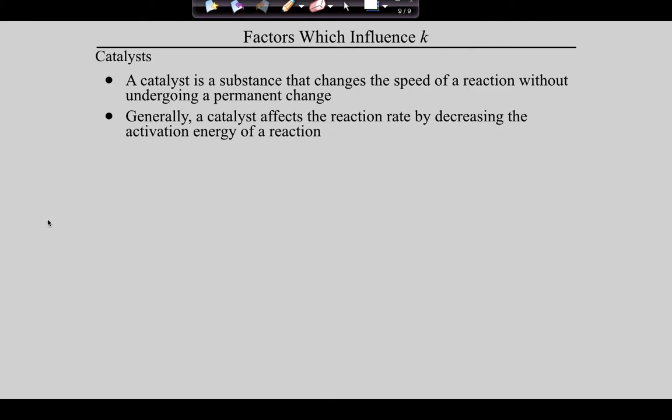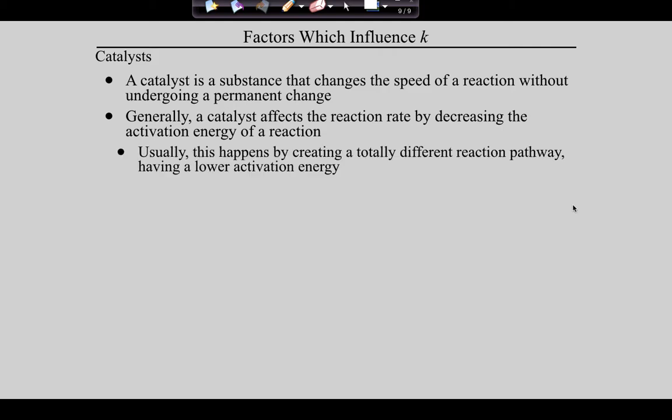Okay, but guys, fundamentally, the idea is this. It drops the hump. How does it drop the hump? New mechanism. So, guys, what I'd like to do is show you an example. We sort of said that this happens by creating a different pathway, and this then increases the value of K. Maybe you don't even need to write that down because you're never going to say that out loud.